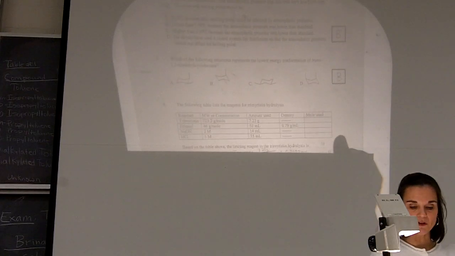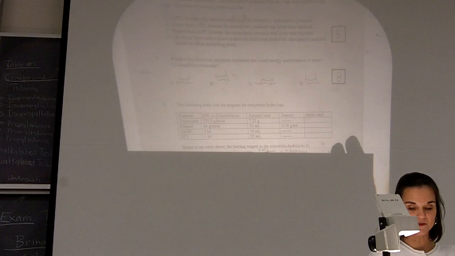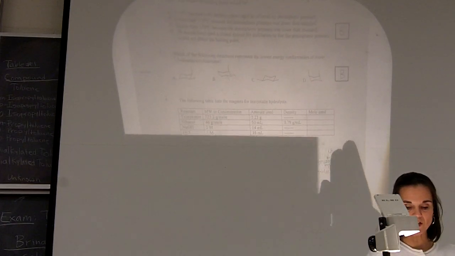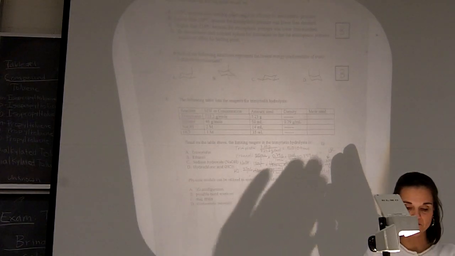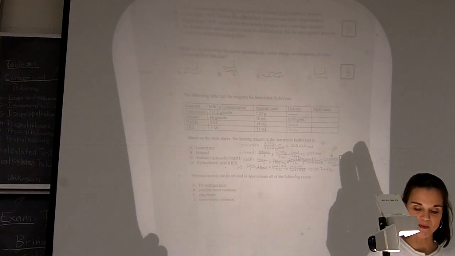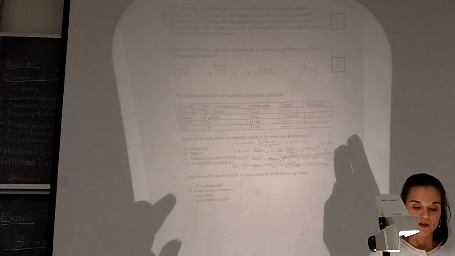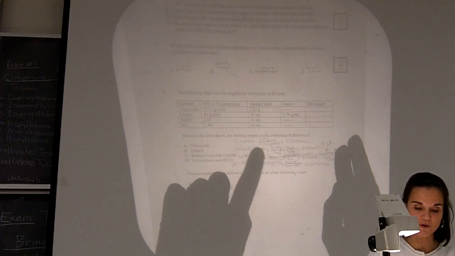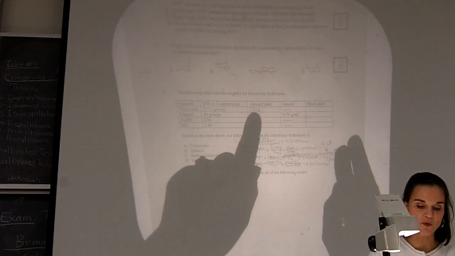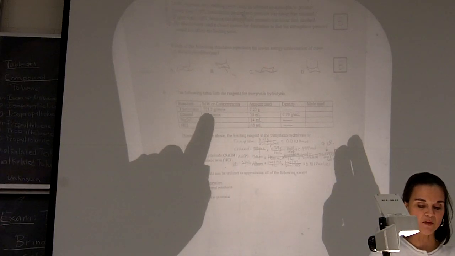Okay, the following table lists the reagents for trimyristin's hydrolysis. What you have to do is figure out what the limiting reagent for the hydrolysis is. It's kind of hard for me to show you all this math and cover it up at the same time here. So I've gone through, calculated for trimyristin. We were given 7.23 grams. Its molecular weight is 723.2.